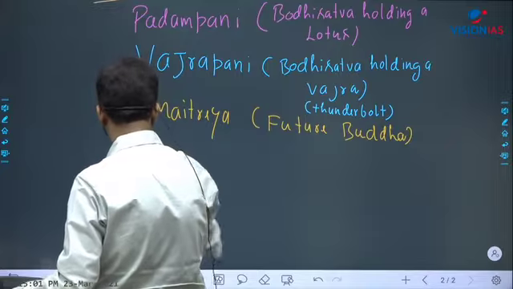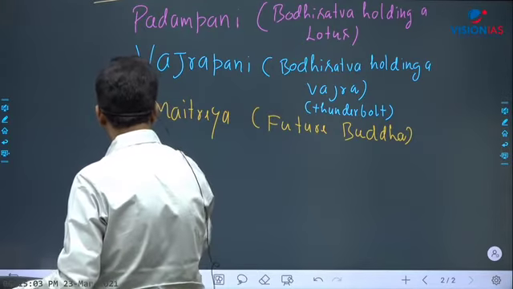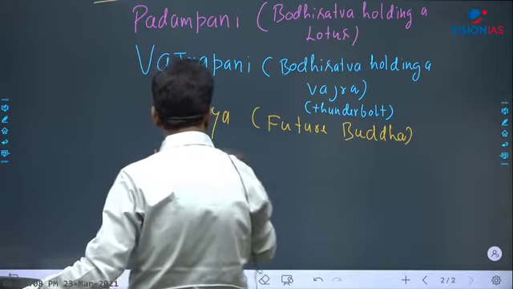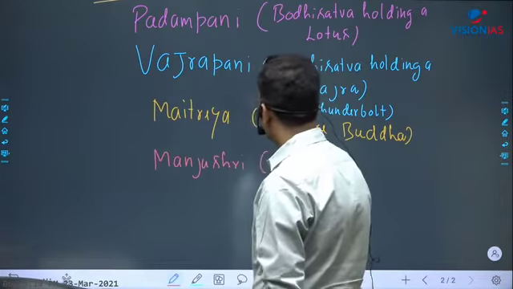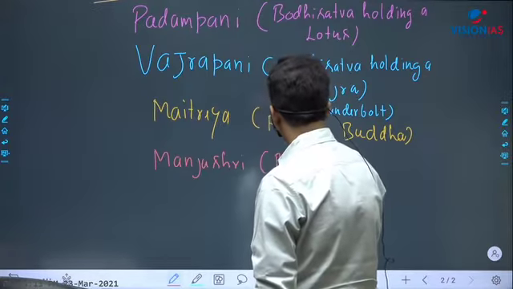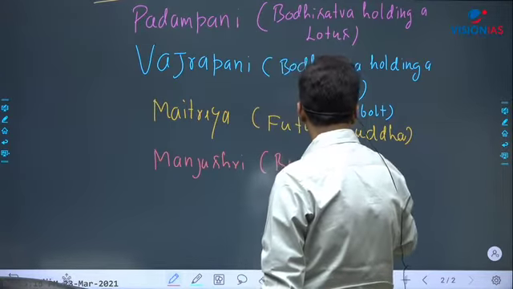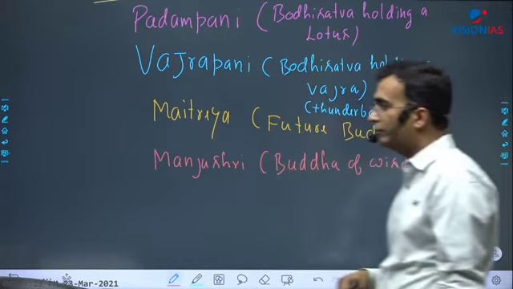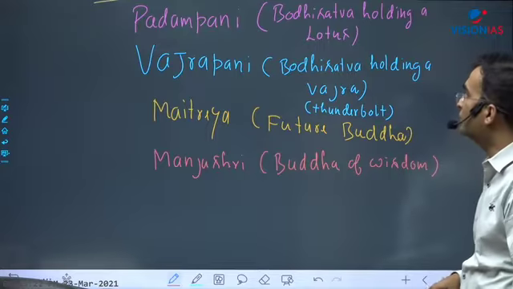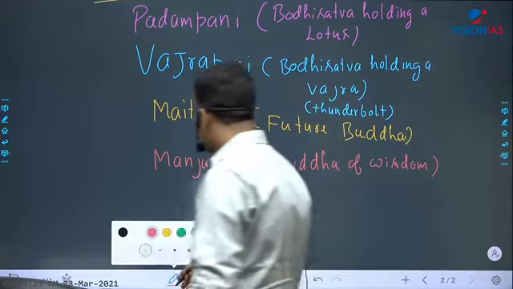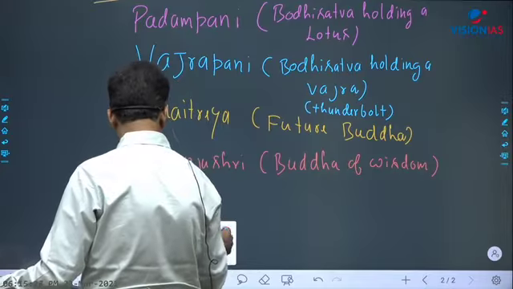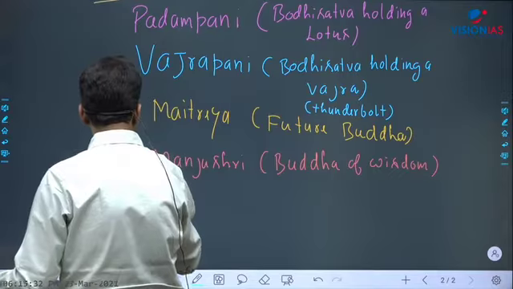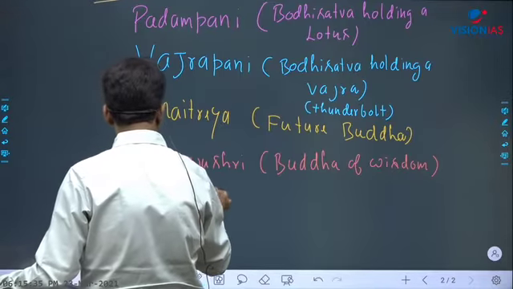Then next one you write, Manjushri. And Manjushri is what? It is the Buddha of wisdom. Buddha of wisdom. Then one more example you write: Avalokiteshwar.